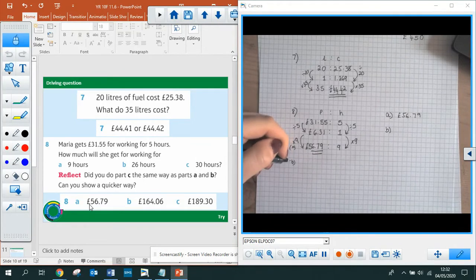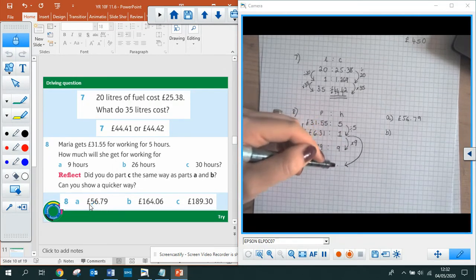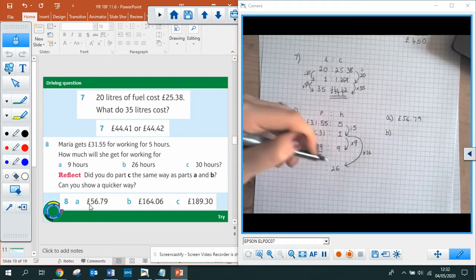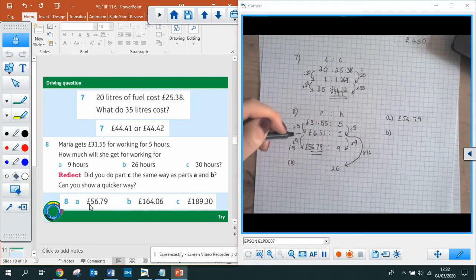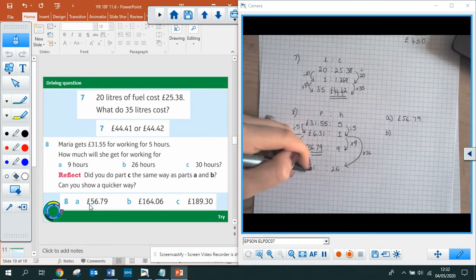Part B, we want to know what she's going to get for 26 hours. So again, I'm just going to go around the outside here. To get from 1 hour to 26 hours, I multiply by 26. Therefore I have to do the same for my pay per hour. So I need to do £6.31 multiplied by 26, and that gets me £164.06.